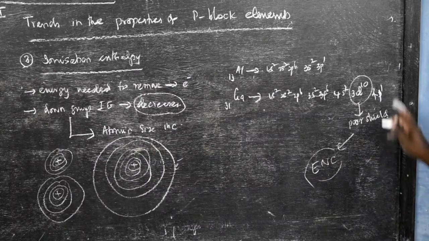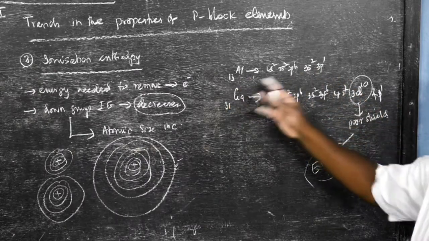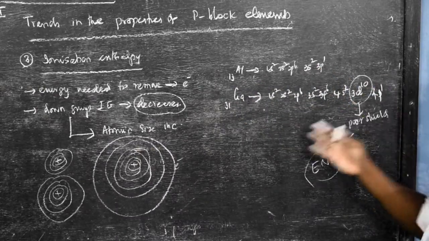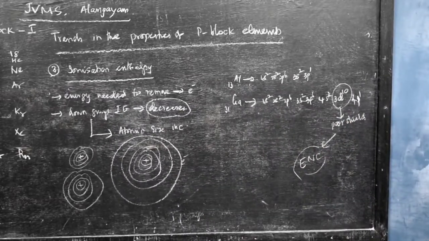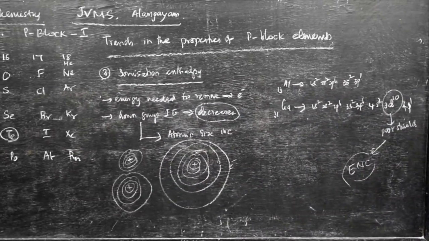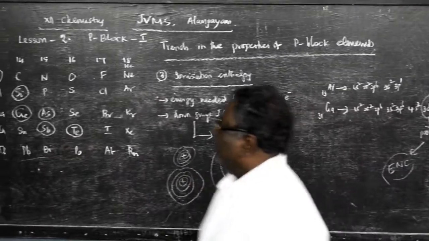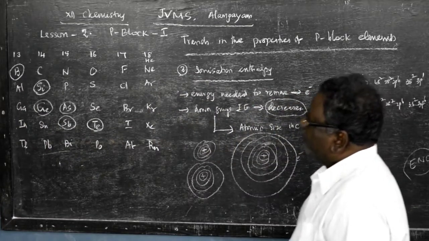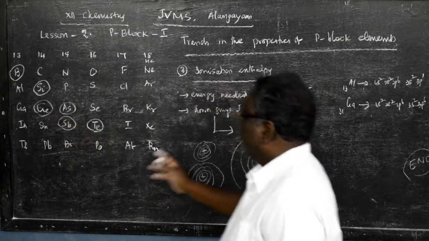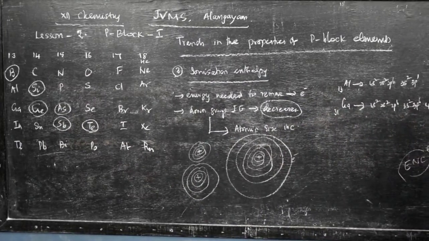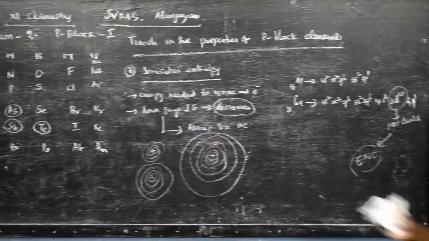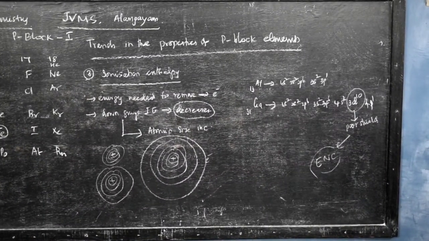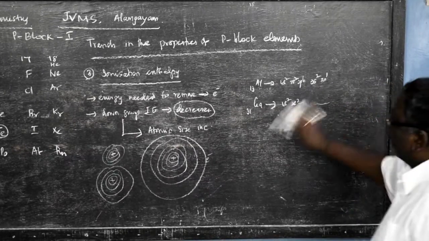Therefore, the same amount of attraction that aluminum's protons exert on 3p1 is also experienced here, and due to that, the ionization enthalpy does not vary much from aluminum to gallium. The same type of problem arises later too, but it is solved because of the excess of electrons present in the 15th, 16th, 17th and 18th groups.